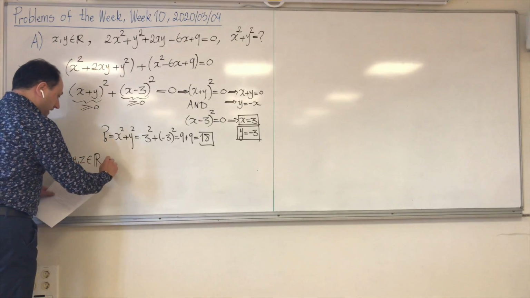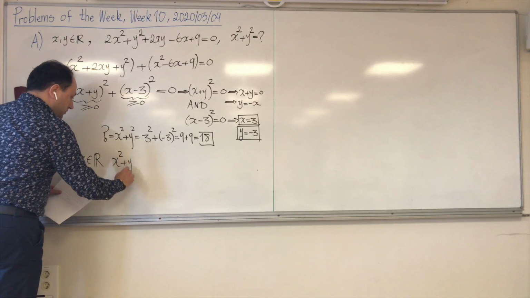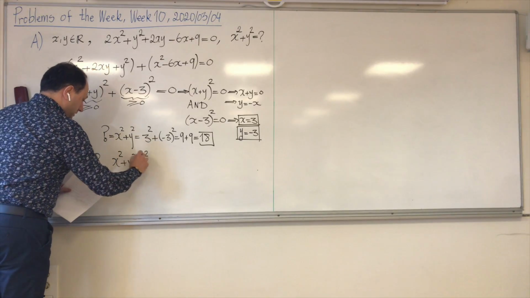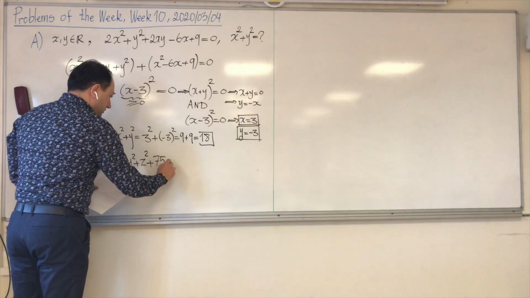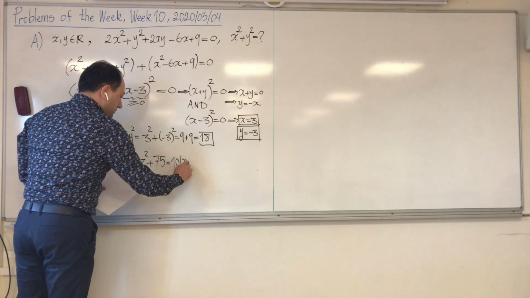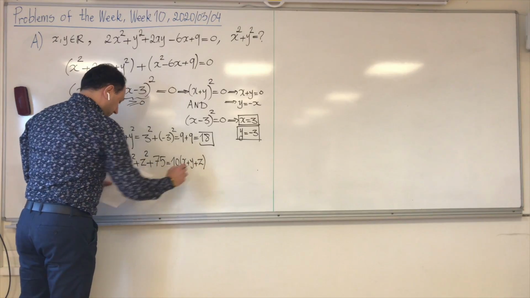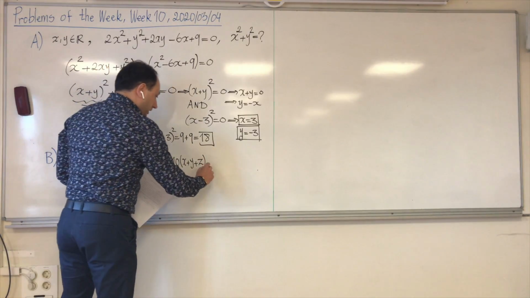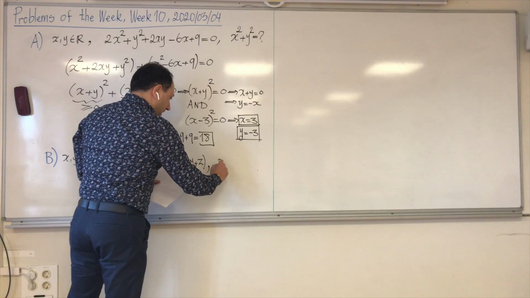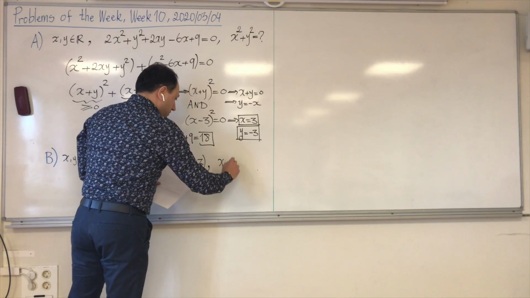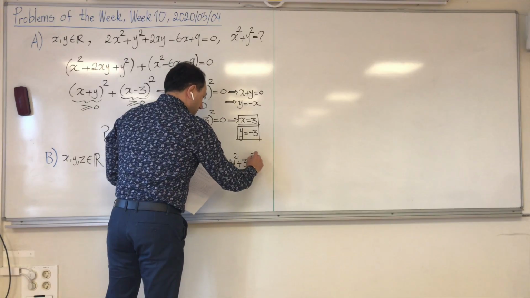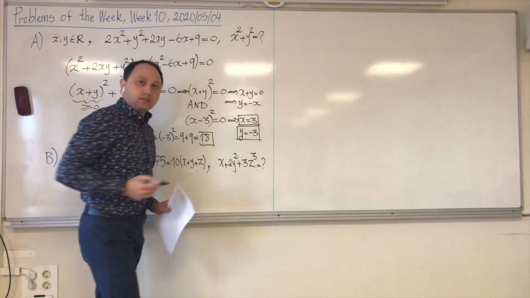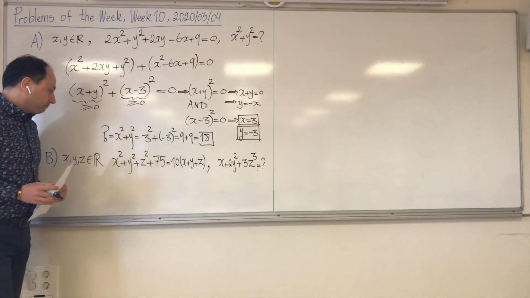And I know that x squared plus y squared plus z squared plus 75 is equal to 10 times x plus y plus z. The question mark in this case is to calculate x plus 2y squared plus 3z cubed. So that is the question mark.